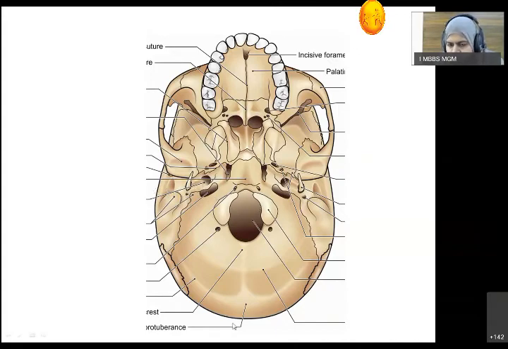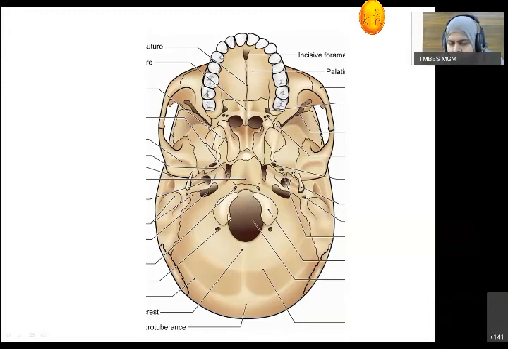On the posterior aspect, we have discussed there is one large foramen, which is known as foramen magnum. Again, we have divided it into three parts. From the anterior part pass the apical ligament of dens, the vertical band of cruciate ligament, and the membrana tectoria.